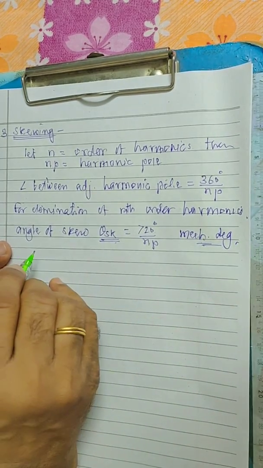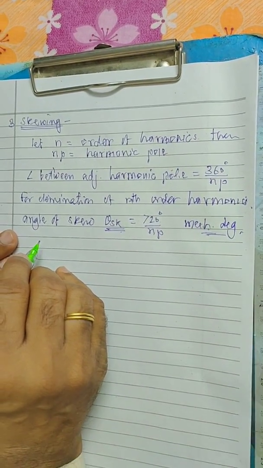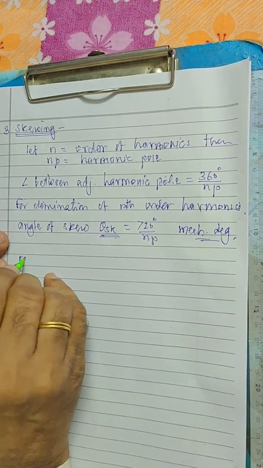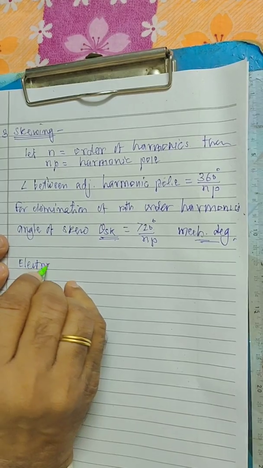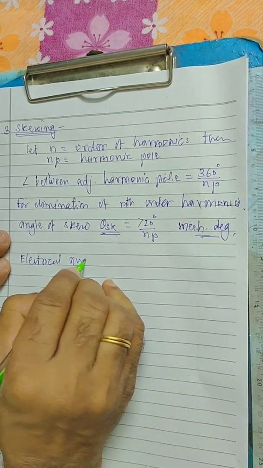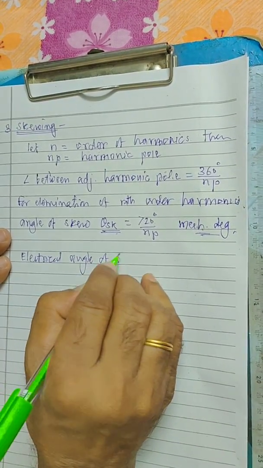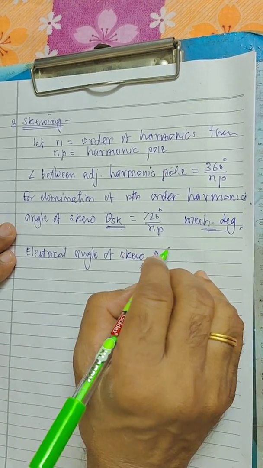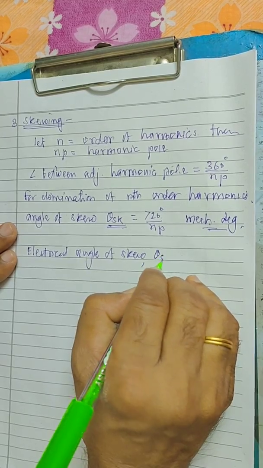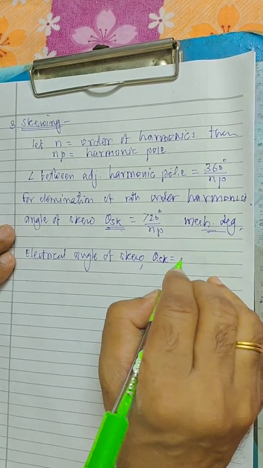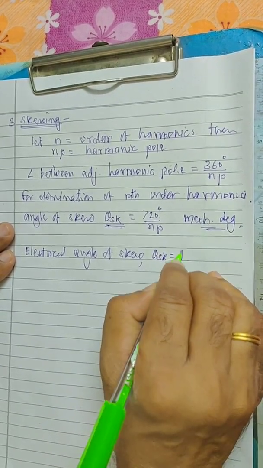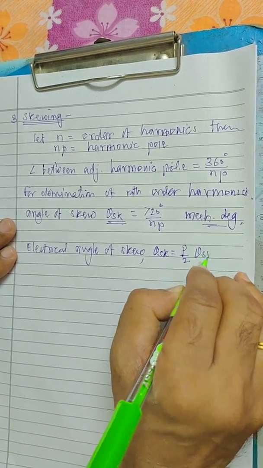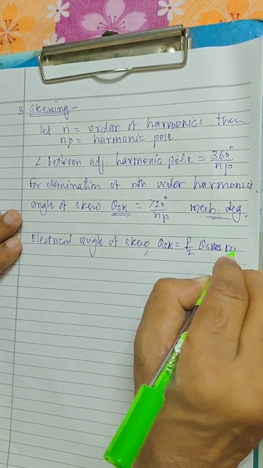But the electrical angle of skew, theta sk in electrical, is equal to P by 2 theta sk mechanical.